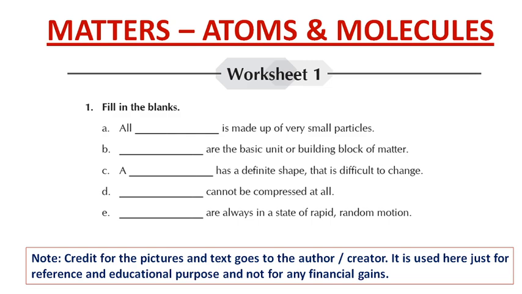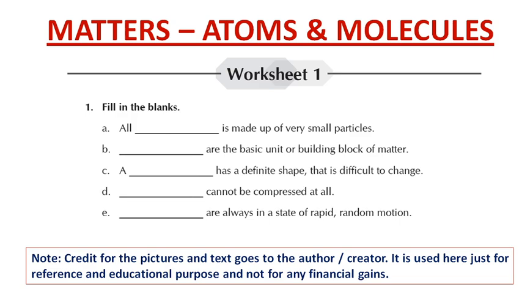Third, a dash has a definite shape that is difficult to change. The state of matter in which molecules are tightly packed and no intermolecular spaces are available has a definite shape, and that is solid.